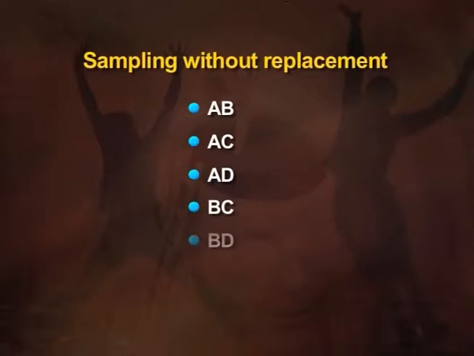This suggests that 6 combinations of 2 elements from the population of 4 members are possible for our sample, and these combinations are now listed on the screen. We can have a sample containing A and B, A and C, A and D, B and C, B and D, or C and D. We can choose from any of these 6 combinations.